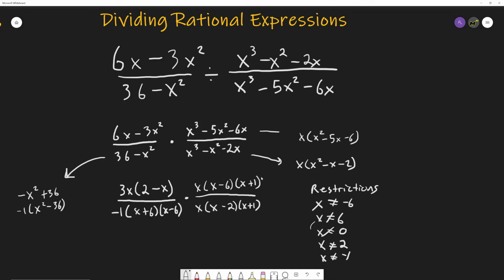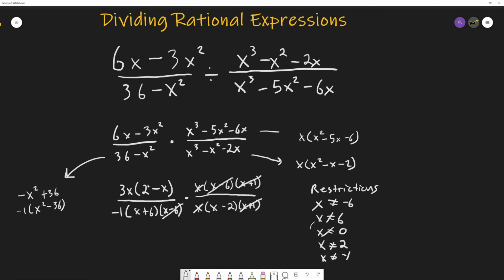Alright, let's simplify what we have. So x plus 1 cancels x plus 1. X minus 6 cancels x minus 6. X cancels x. And what else do we have? This 2 minus x and this x minus 2, how would they relate?